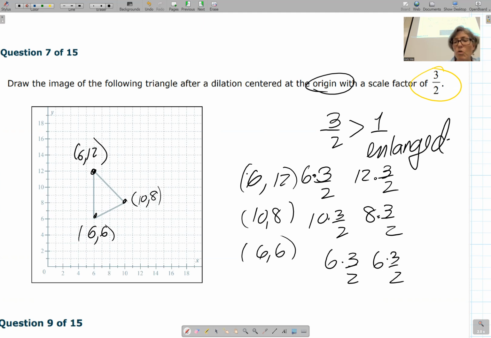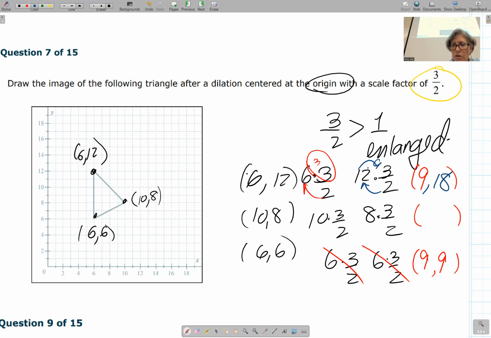It gets us our new coordinates. 2 goes into 6 3 times. 3 times 3 is 9. So wherever you have a 6, we just figured out it's 9. So we don't have to do these guys. 12. 2 goes into 12 6 times. 6 times 3, that's 18. Any other 12? Nope. We're good there.